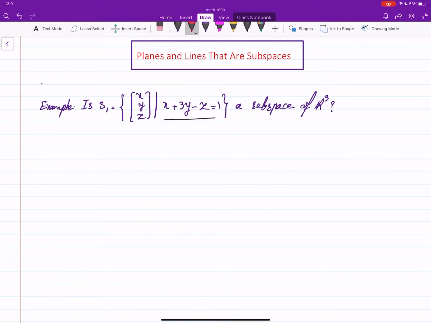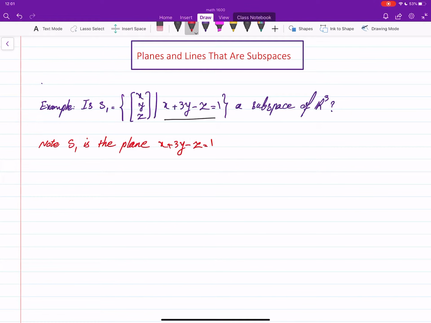Well, first, let me just write this as a note. Note that S1 is the plane x plus 3y minus z equals 1. Sometimes we take it as the points, or sometimes we take the position vectors of those points.